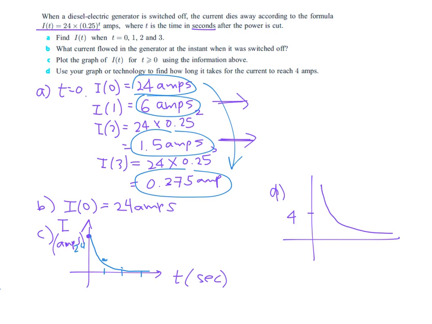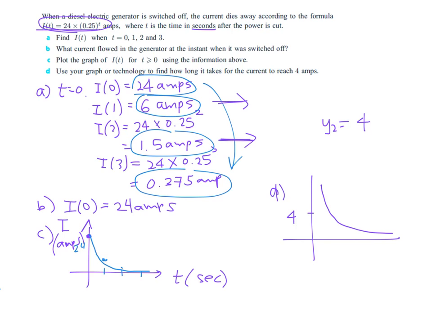So then how do I find this on a graphing calculator? You want to plot this equation, I of t, on your calculator, and then for the second equation, you want to plot y2 is equal to 4.